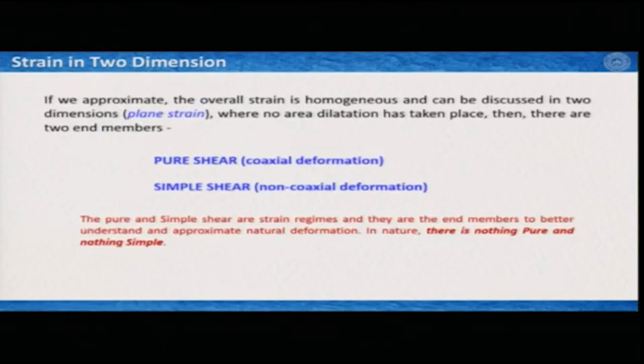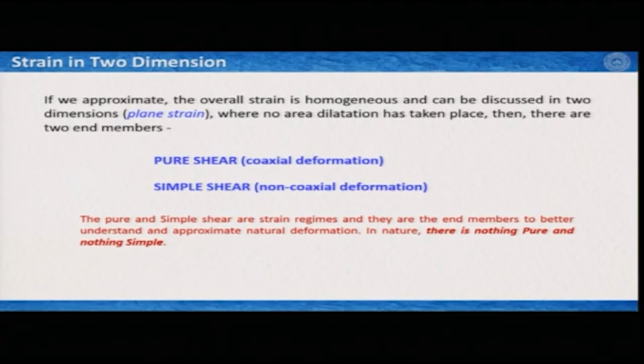Finally, we would learn about what is pure shear and what is simple shear. If we approximate that the overall strain is homogeneous and can be discussed in 2 dimensions, that means it is plane strain, your y-axis has no deformation, and no area dilation has taken place, that is also a consideration.